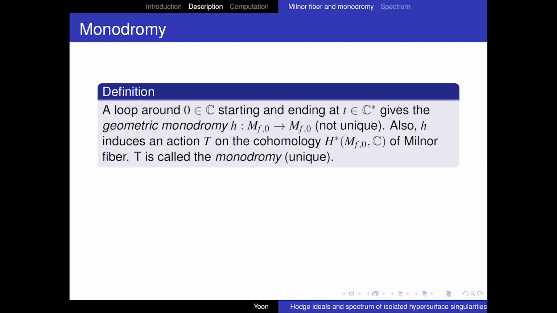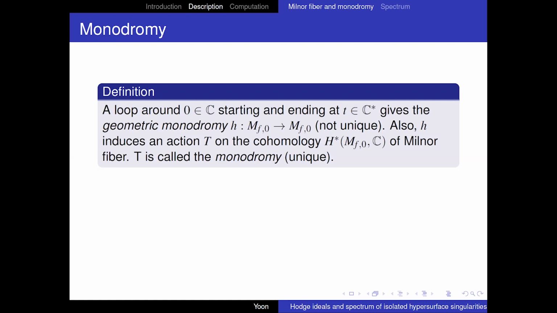So we need one more concept, monodromy. Consider a loop around zero in the target space and lift that loop to the original source manifold C^n.